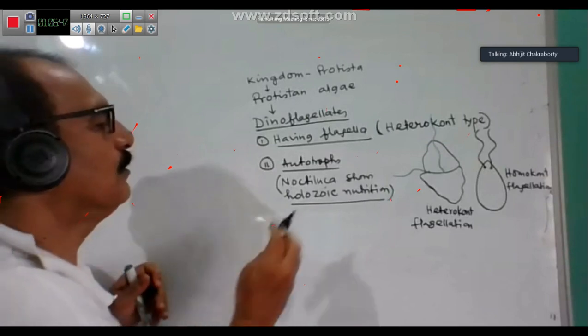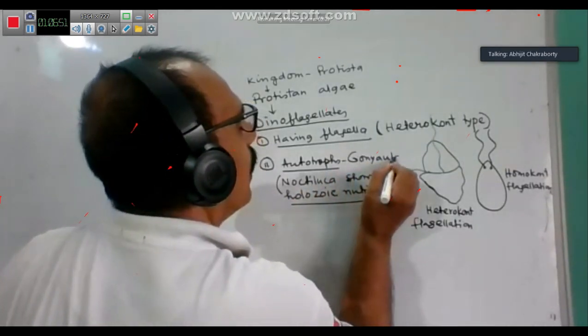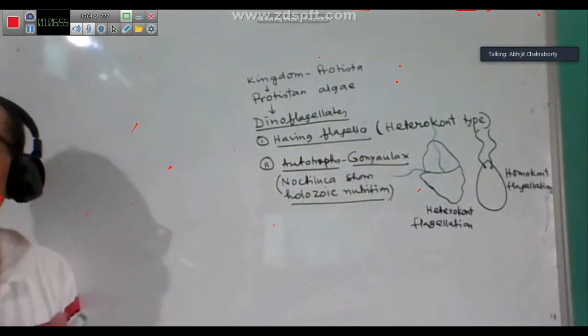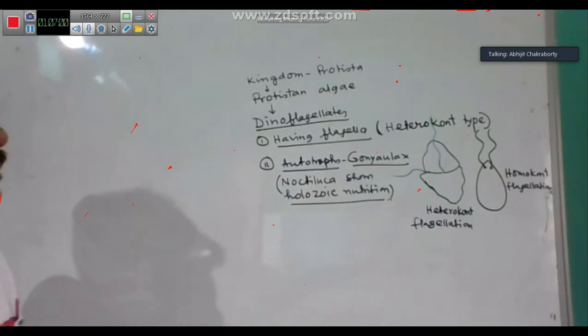Normally, as in Gonyaulax, they are autotrophs. The exception is Noctiluca: although it is under the dinoflagellates, it shows holozoic nutrition. Okay?